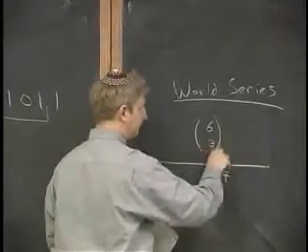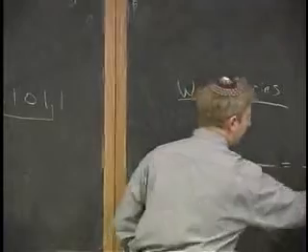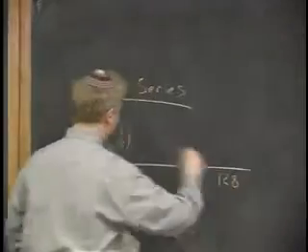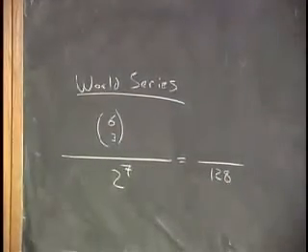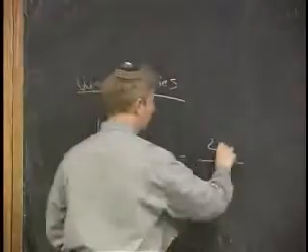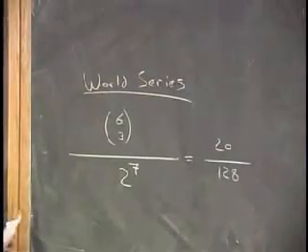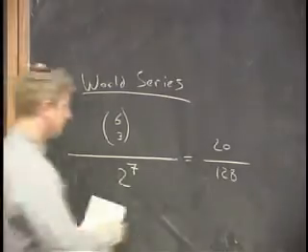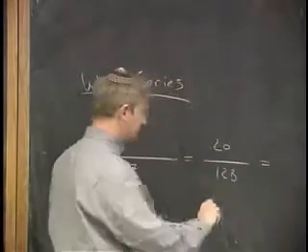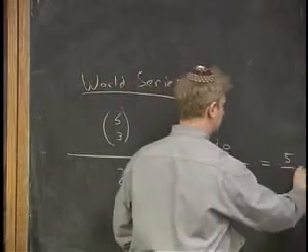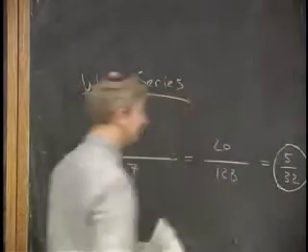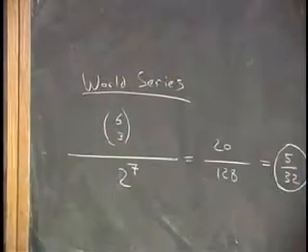So 6 choose 3 is it. Let's calculate this. The bottom is 128, and the top is 20, right? I think that's right.